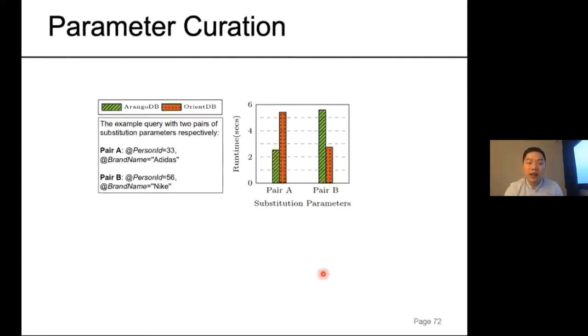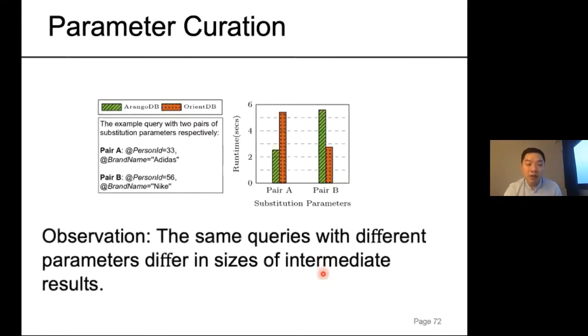So next, I will introduce the parameter curation. In our benchmarking process, we have a key observation that the same queries with different parameters differ in size of intermediate results.